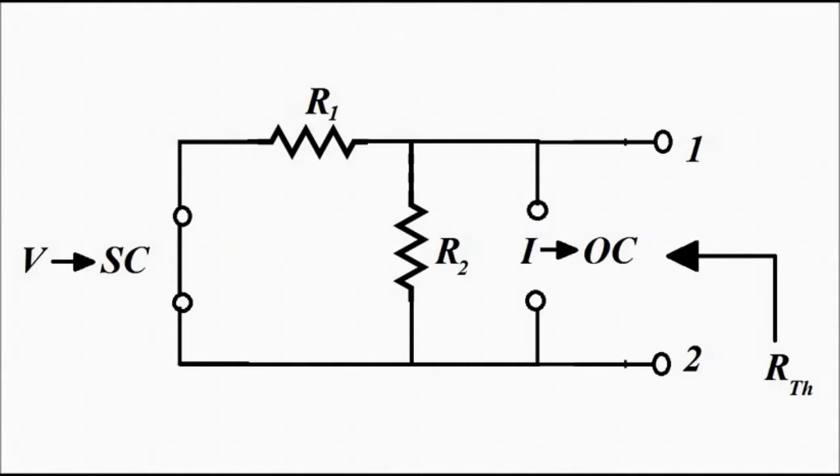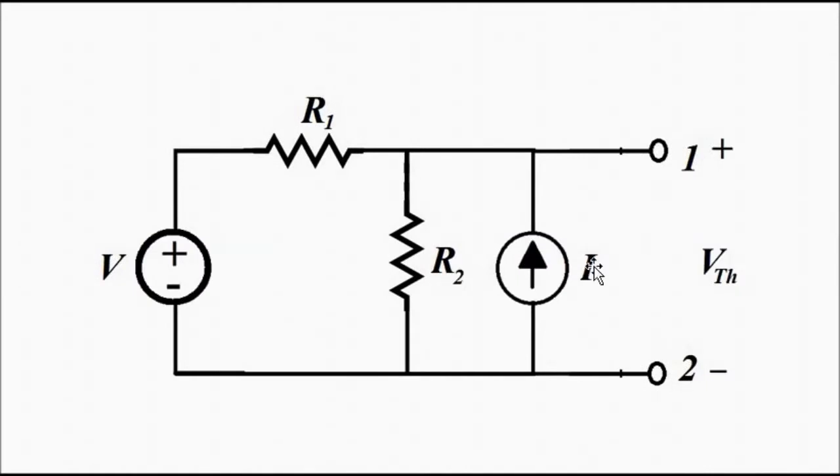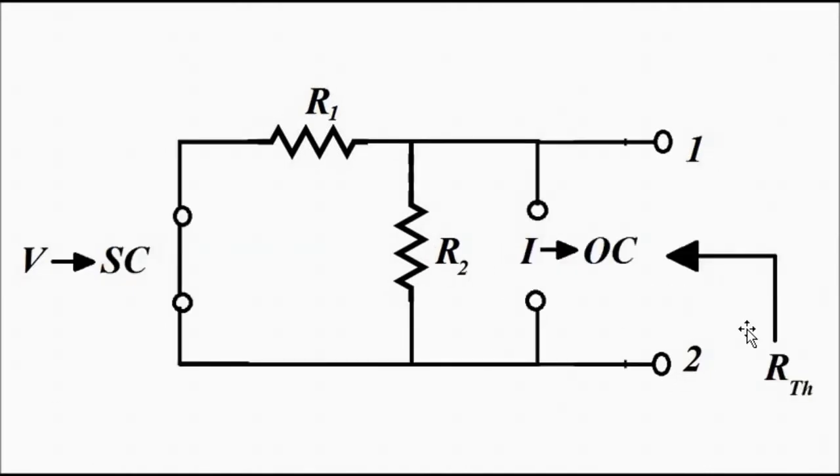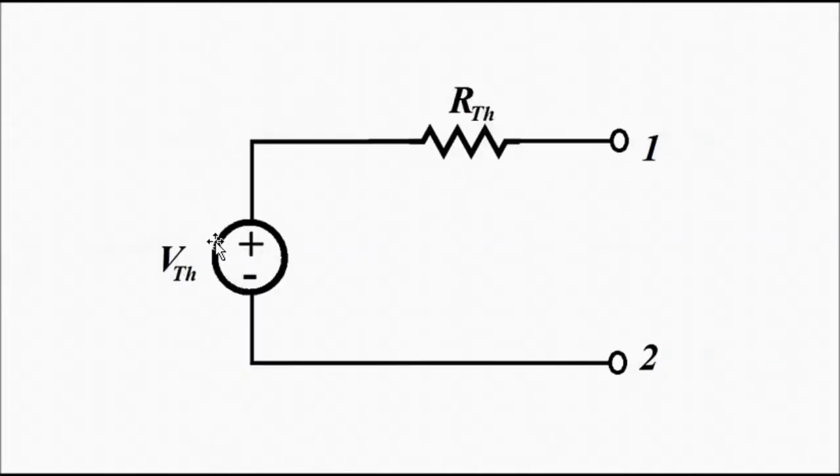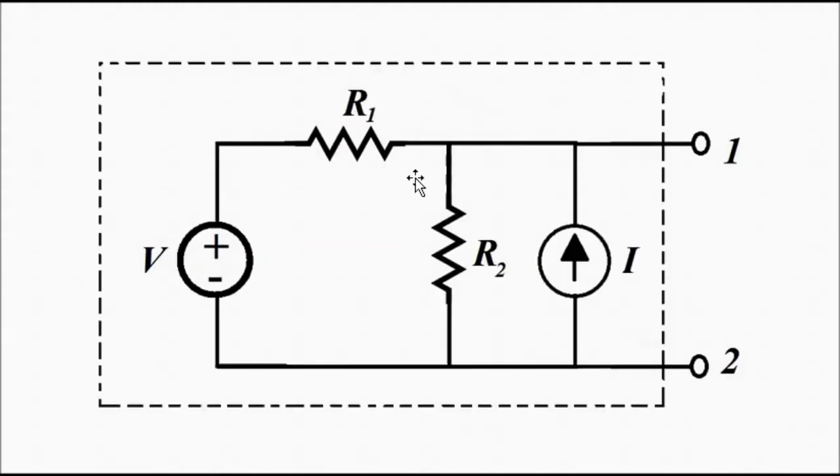So we determined both VTH and RTH, 2 steps. Then we form the equivalent circuit, VTH and in series with VTH, RTH. This is the Thevenin equivalent of this circuit network across the two terminals 1 and 2 of this independent current source.